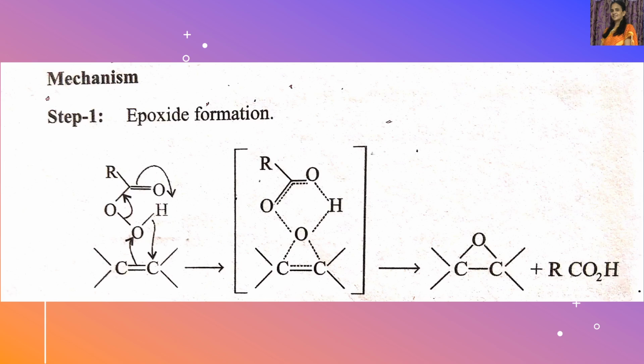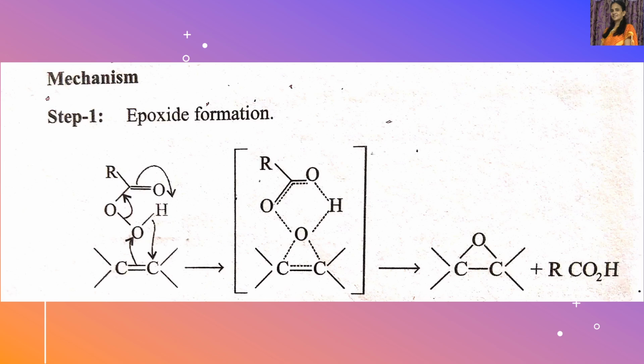So this peracid reacts with the alkene. This oxygen atom forms a bond between this carbon and this carbon, giving an intermediate, a transition state we can say, and finally we get the epoxide, and this RCOOH is the acid produced.